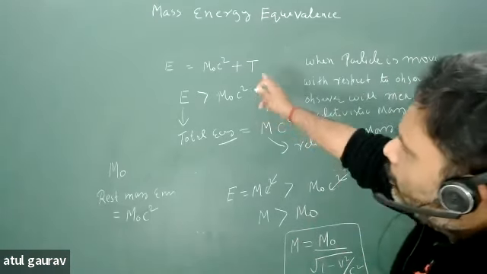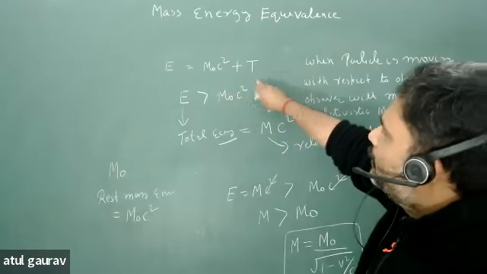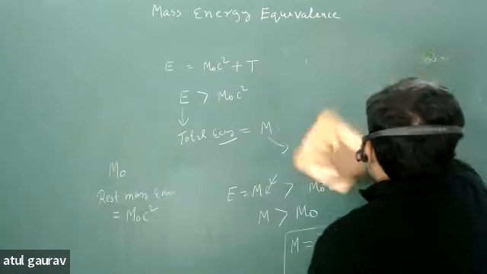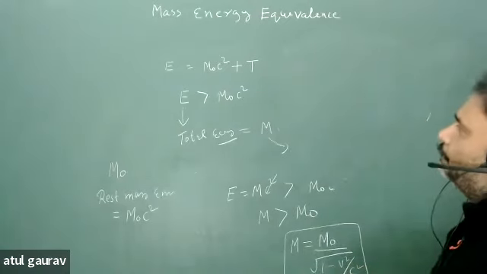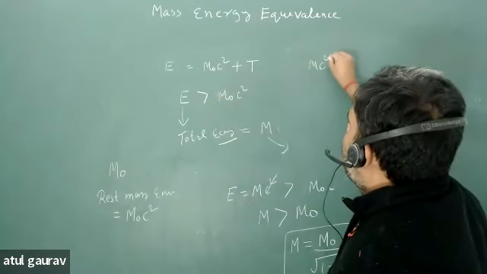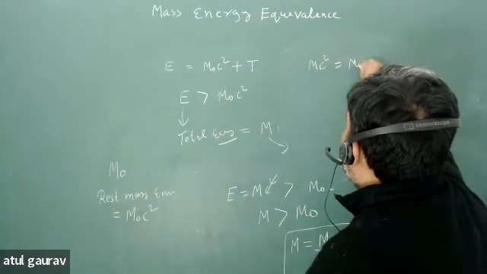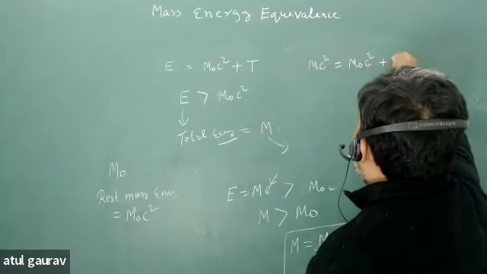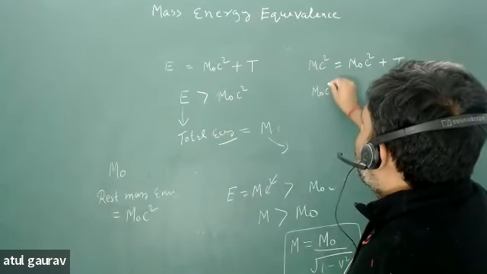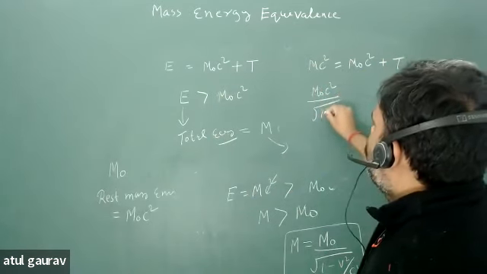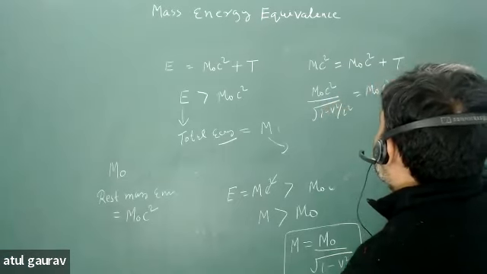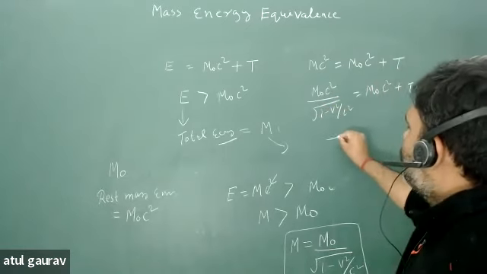And now I can also give the definition of kinetic energy. So what is the definition of kinetic energy here? E I can write as mc square is equal to m naught c square plus T, and this m can be written as m naught c square root under 1 minus v square upon c square, is equal to m naught c square plus T. And what is your T?